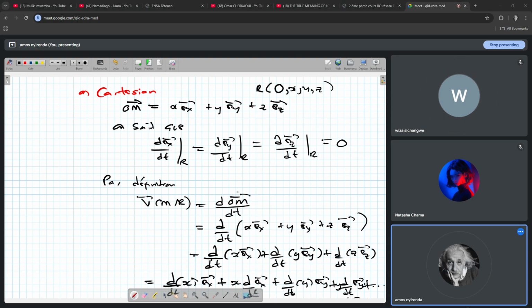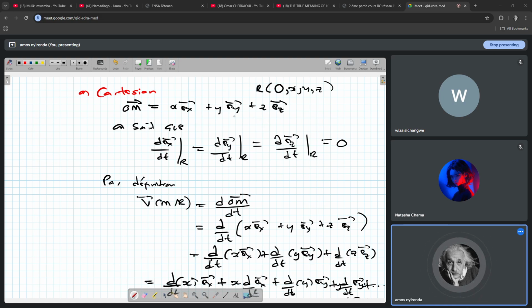Okay. So what I'm saying here is this. We have the vector of position, which is the position of any point in space in the Cartesian coordinate system, given by x ex, y ey, z ez, like we wrote on the previous page. So this is the vector position.